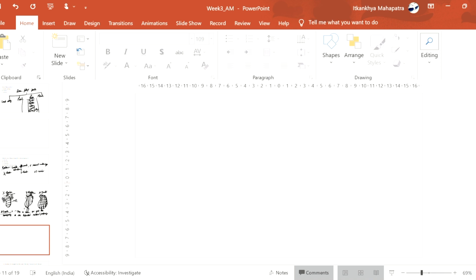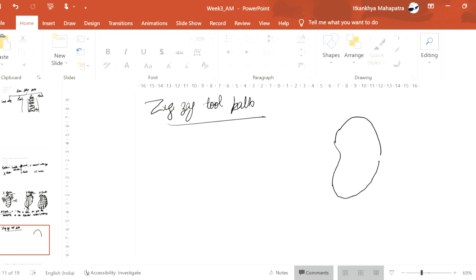Next is the zigzag tool path. The zigzag tool path is also known as the direction parallel tool path. This is the most commonly used tool path in additive manufacturing because it has less build time and fewer transition motions. Here, let's say this is our object model.